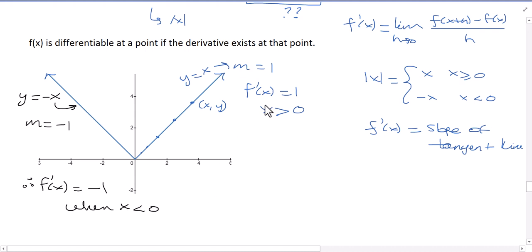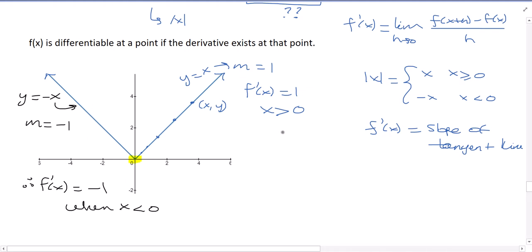So I have the derivative is 1 when x is greater than 0, because we're following the y equals x line, so the slope is 1. And the slope is negative 1 when x is less than 0, because we're following the y equals negative x line. So then the question is, what is happening right at 0 for the derivative?